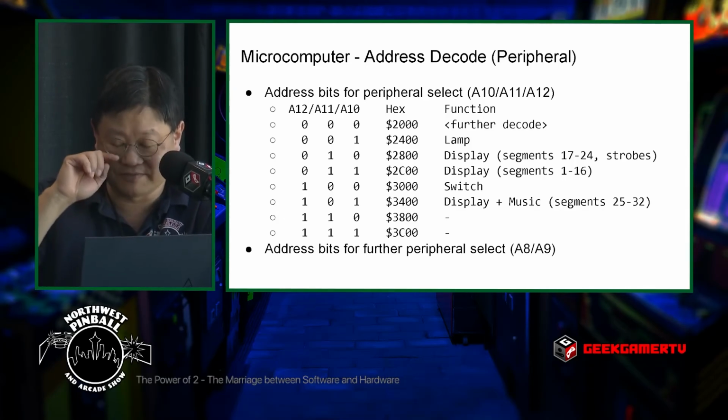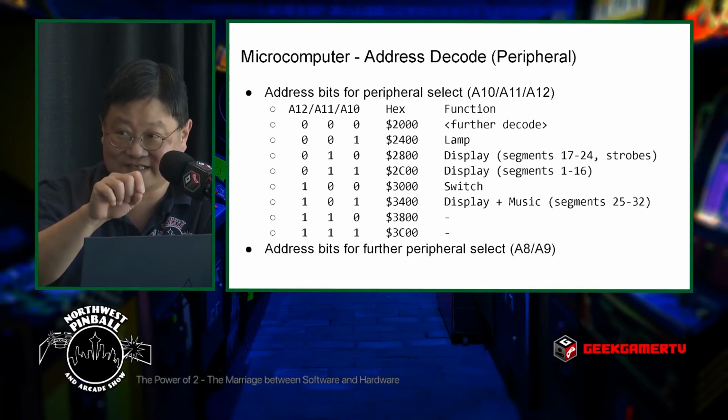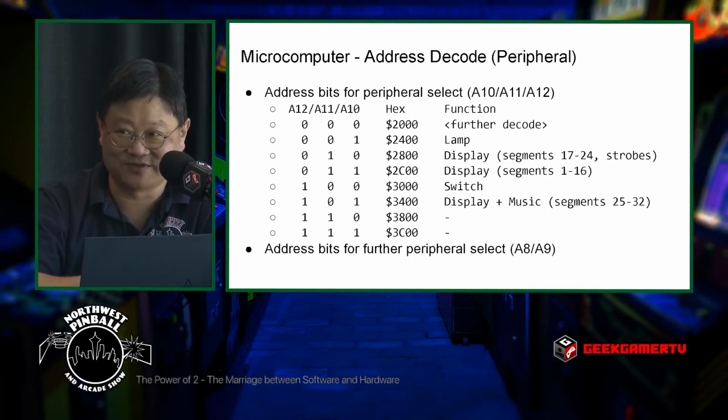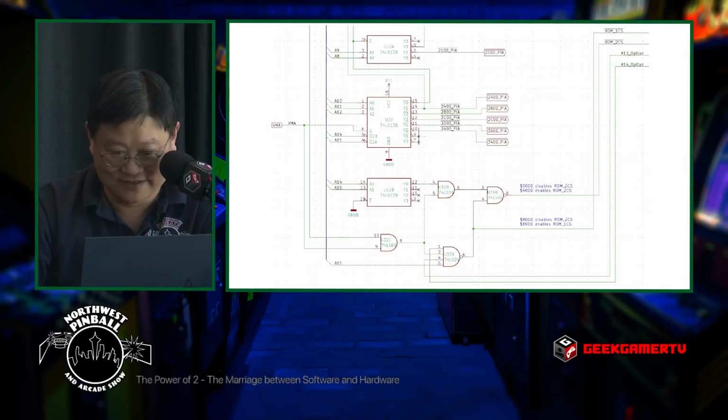And I didn't put the U numbers in there, but you can find them on the board. And I think if you look in the Williams schematic, you'll see that inside the PIA, it's actually labeled 3400 or 2C00. And the labels there in the schematic correspond to how this address decode works. And again, you can go further as well for A0 to A9, but I'm not going to do that.